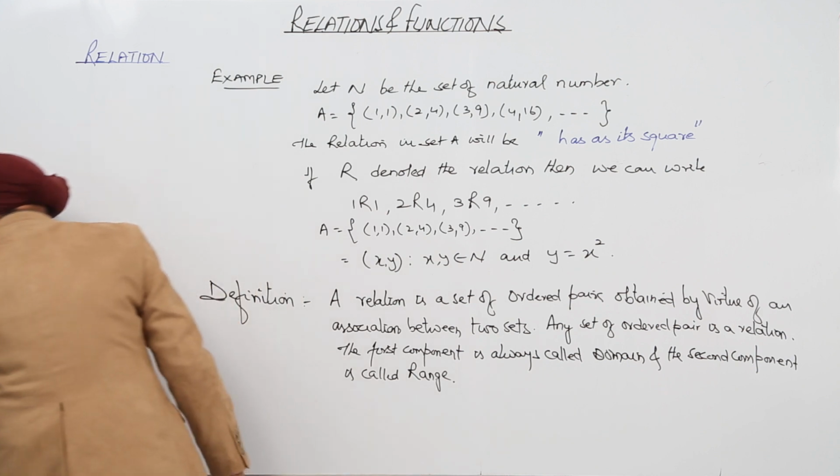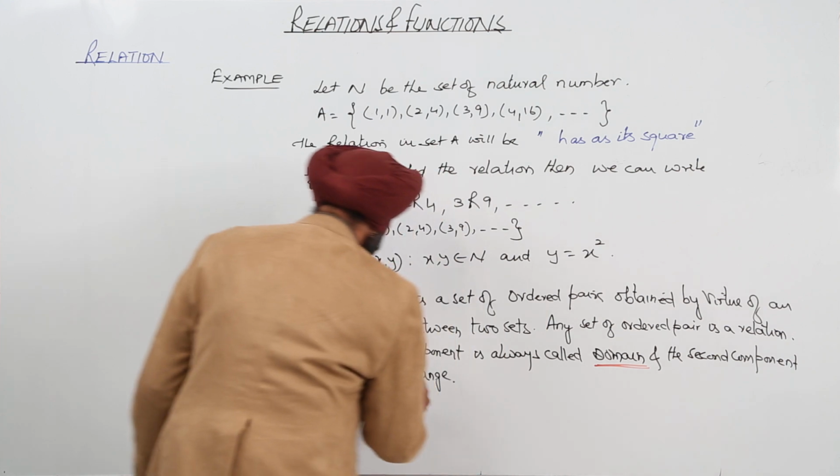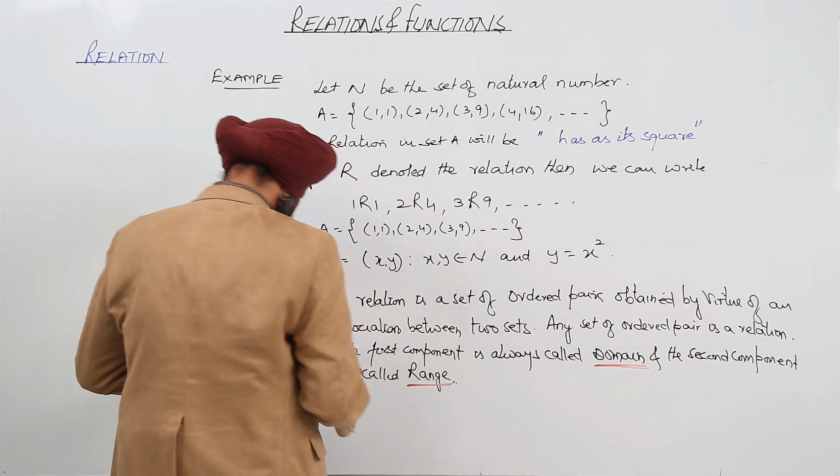Okay. The first component is always called the domain, and the second component is always called the range.